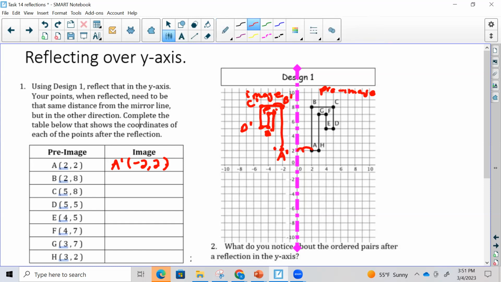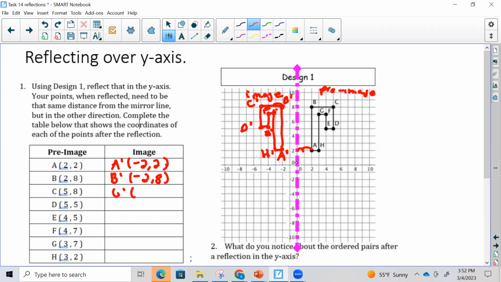And then I'm going to connect that. And then I connect A to H. So sorry, it's hard to read some of those, but this is G prime. It's just so tight in here. That's F prime, E prime, H prime. Okay. And I'm going to write my coordinates. So B prime is at -2, 8.